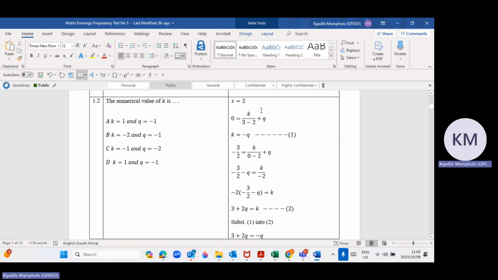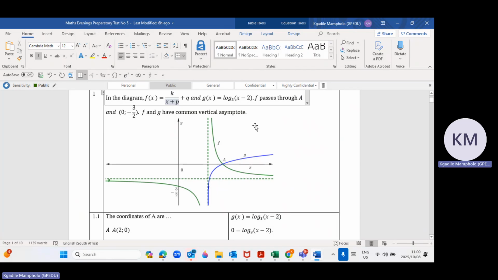Then q is unknown and k is unknown, but p is known.